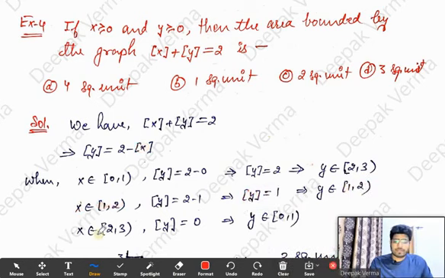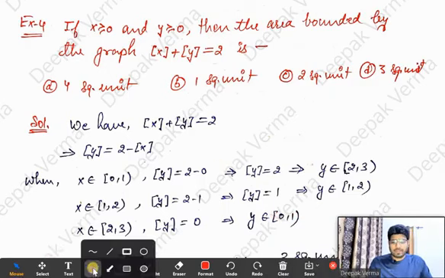Is it clear? When x is between 2 and 3, 2 is closed and 3 is open, then the value of [x] will be 2. 2 minus 2, we will get 0. When [y] is 0, it means y will belong to 0 to 1. Is it clear? I hope you have understood.